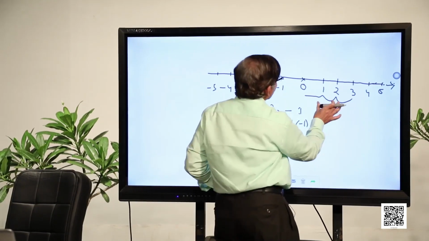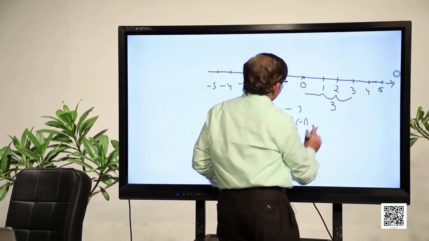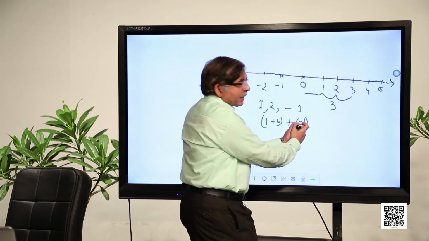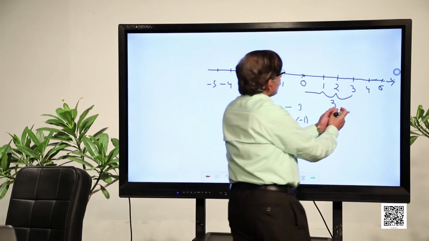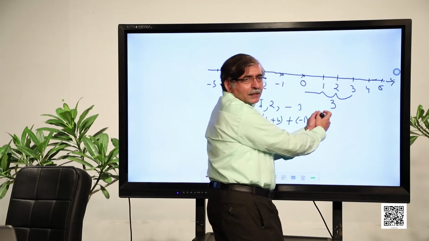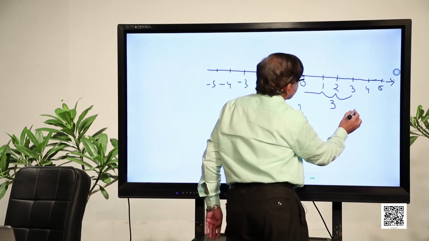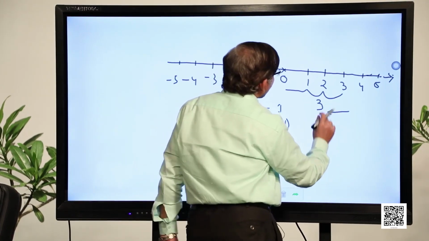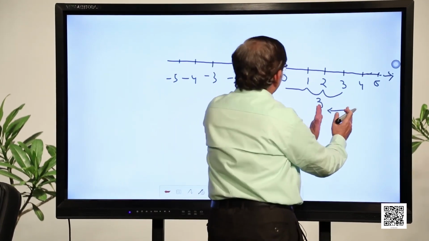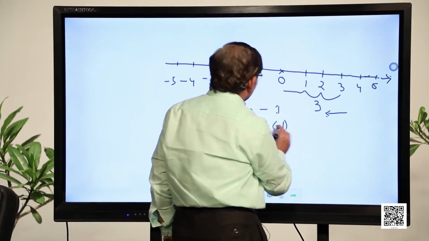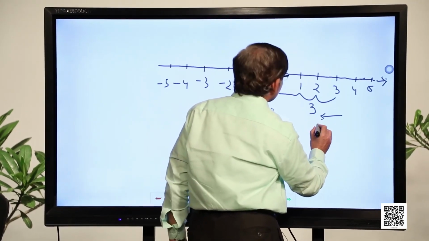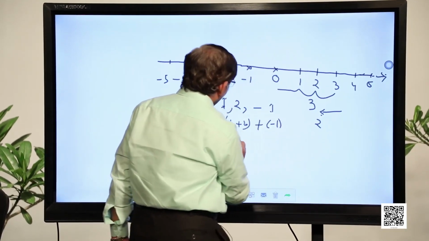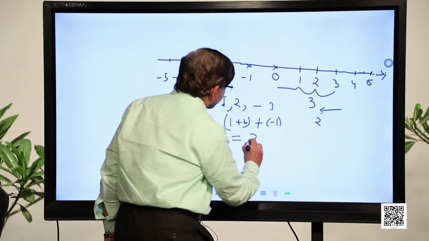So, the total is 3, and again we have -1. That means we will come back one step to the left-hand side. After coming back one step, we get 2, or after calculation we will get 2.